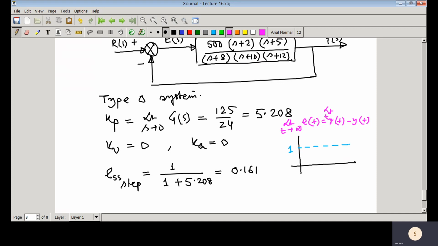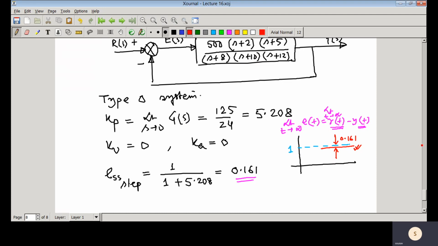So the reference command is 1, and y(t) we do not know, and as the steady state error is 0.161, that means it is positive, so the output would be 1 minus 0.161. So this difference is 0.161.